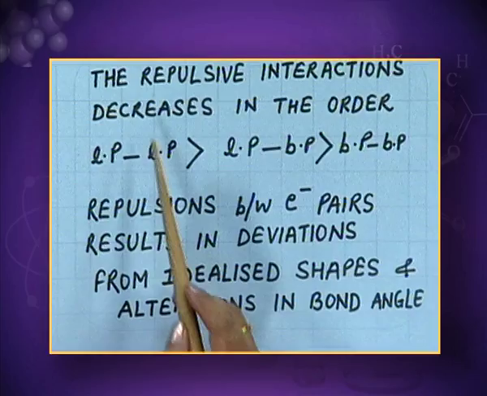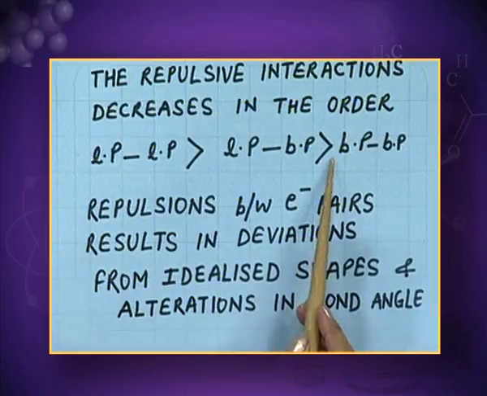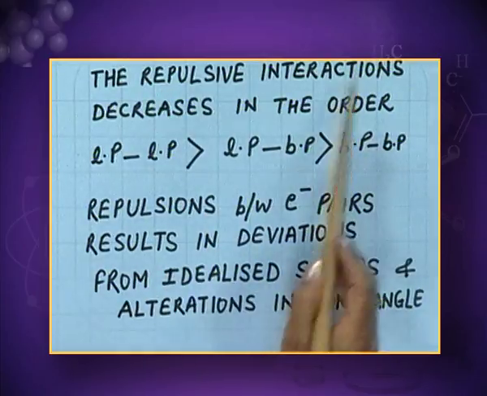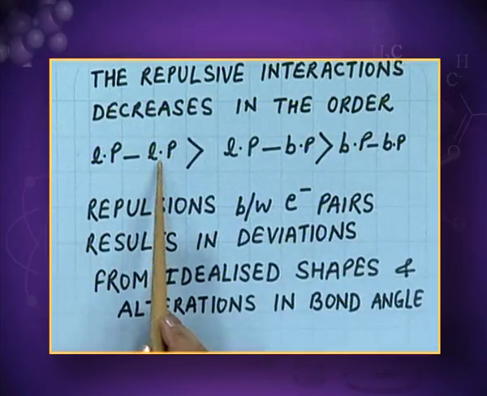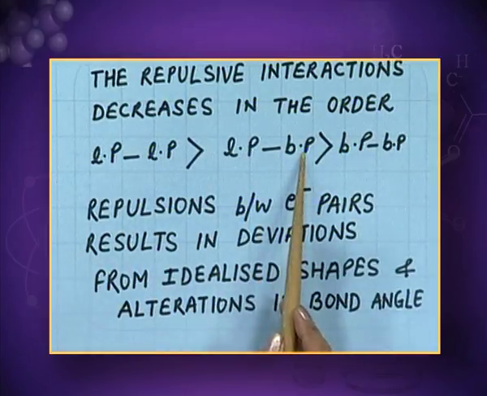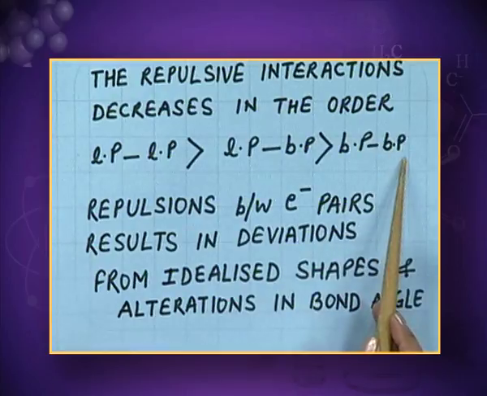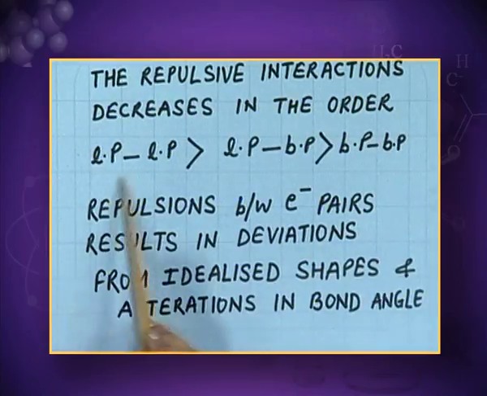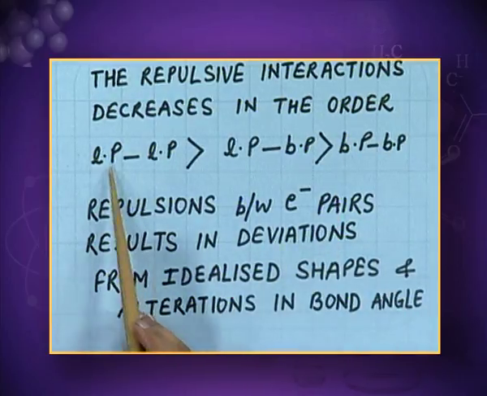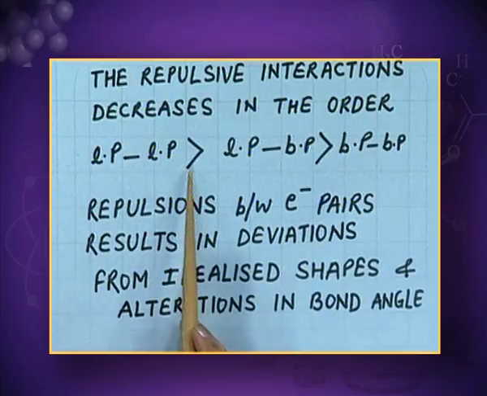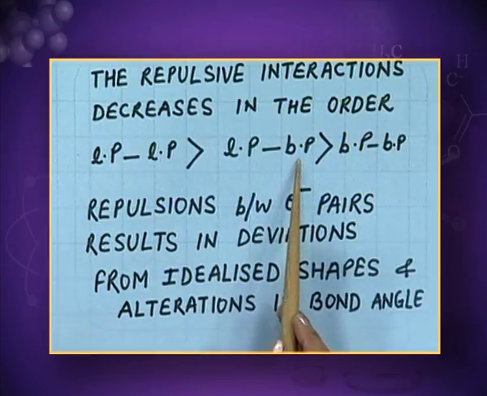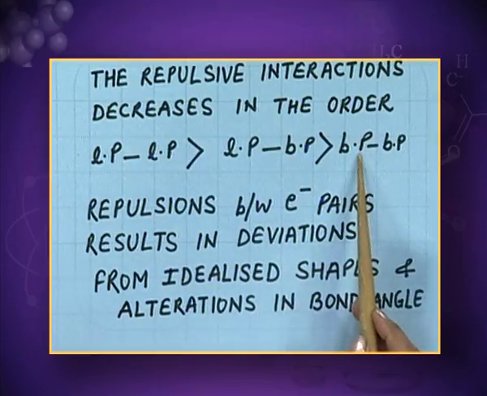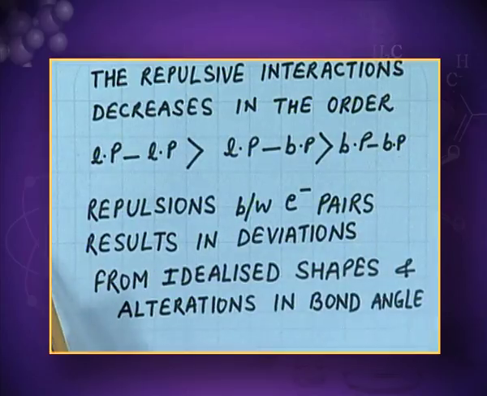Now, there are three types of repulsions, and the repulsive interactions decrease in the order: lone pair-lone pair repulsions, lone pair-bond pair repulsions, and bond pair-bond pair repulsions. From here we can see that lone pair-lone pair repulsion is greater than lone pair-bond pair repulsion, which in turn is greater than bond pair-bond pair repulsion.